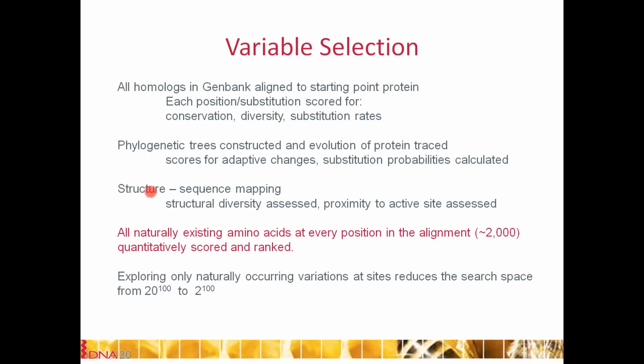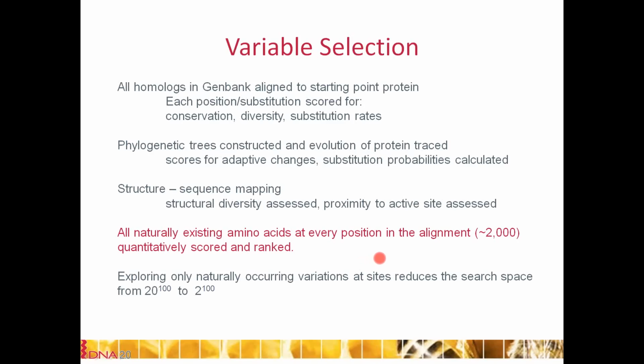And if there's structure information available, we can use that to identify the proximity to active site, etc. And in this particular case, we ended up with an alignment where we identified around 2,000 amino acid substitutions that were ranked and scored as described above.